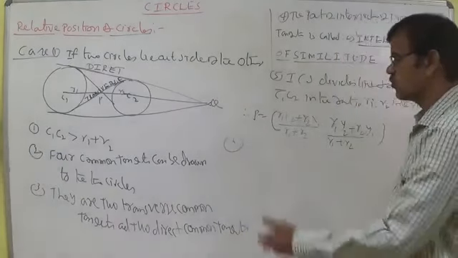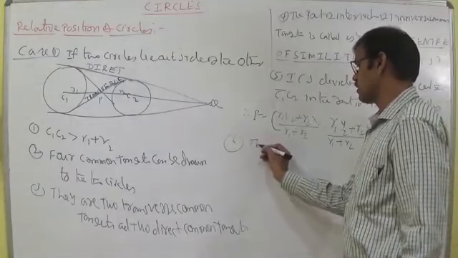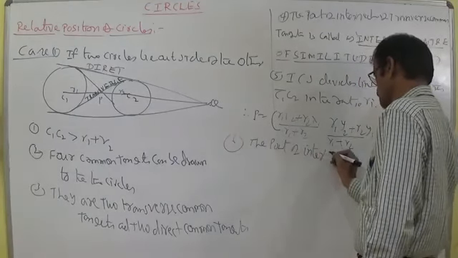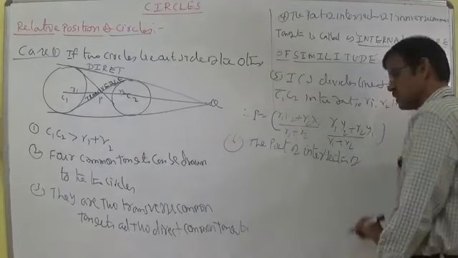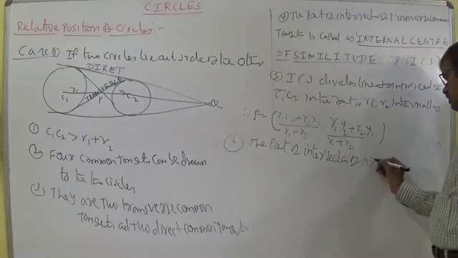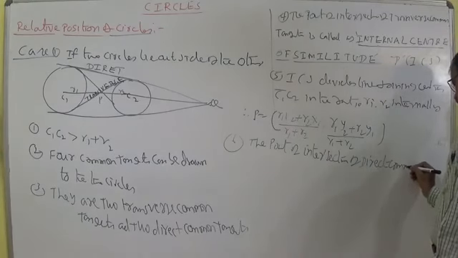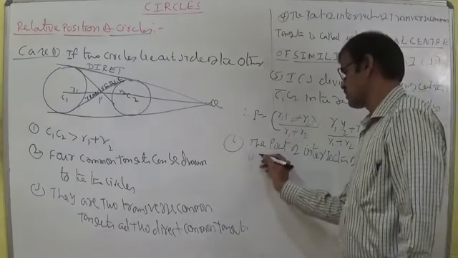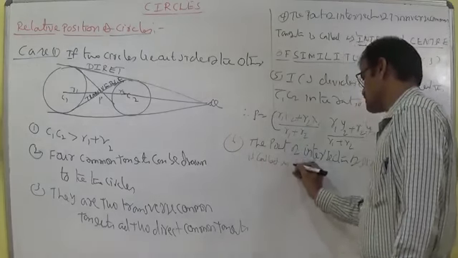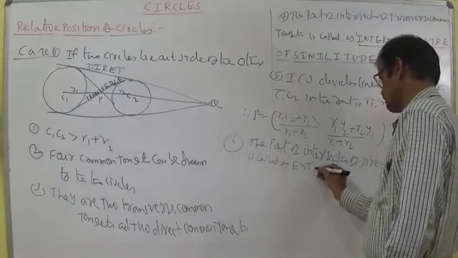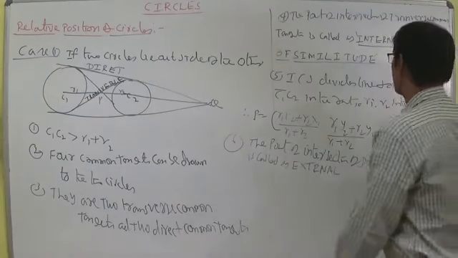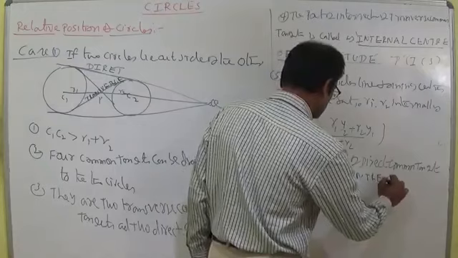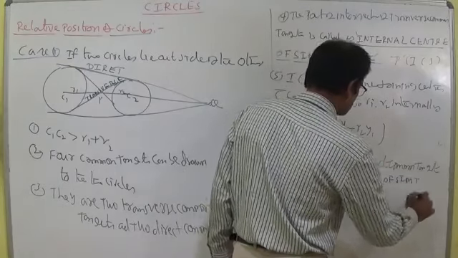Next, sixth point. Regarding the theory, if you know theory, you can do sums. The point of intersection of direct common tangents is called external center of similitude, because it is outside.